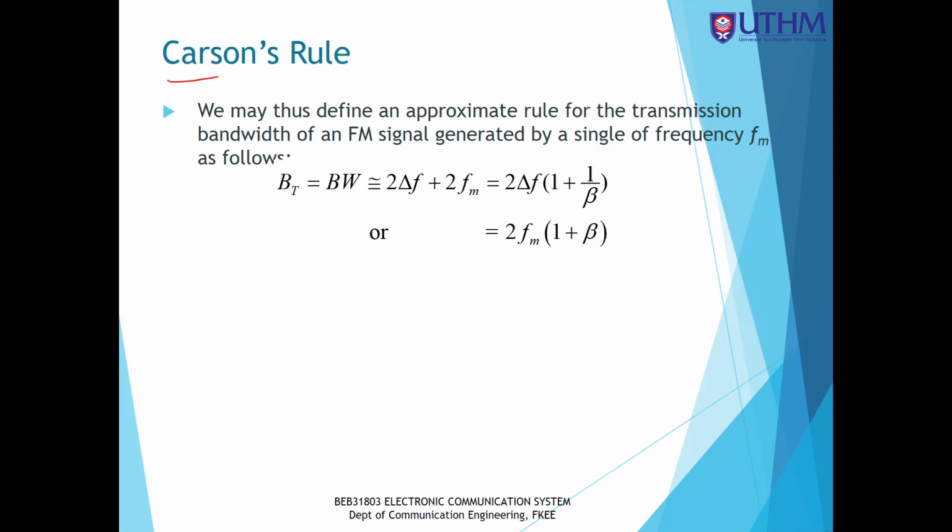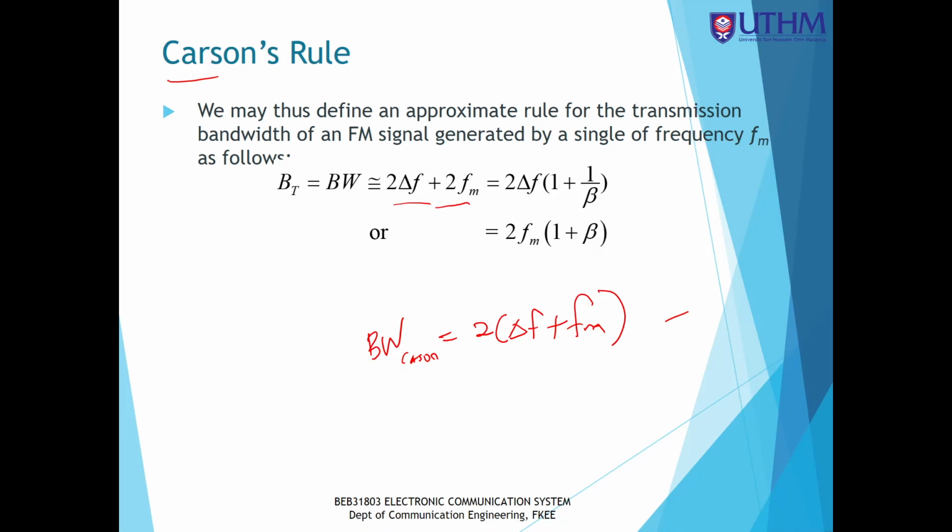So the approximate bandwidth is equal to 2 delta f plus 2 fm. Or you can write it like this, bandwidth Carson is equal to 2 times delta f plus fm. From here, you don't need to refer to the table or the Bessel function.